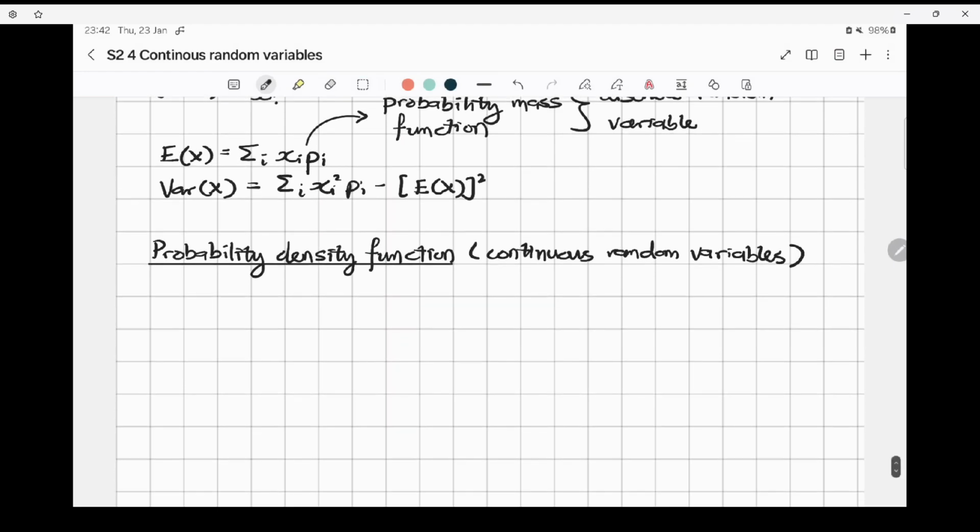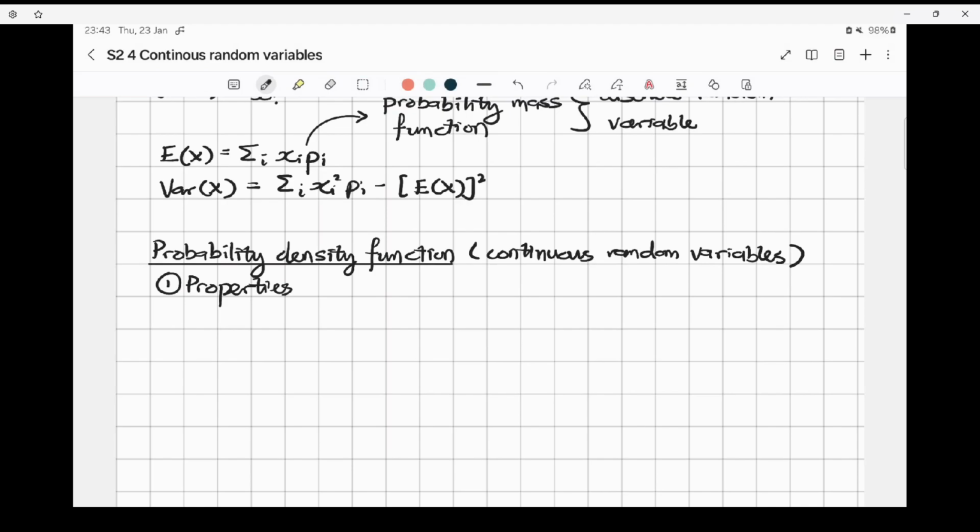So now let's begin with the idea of probability. What are the properties? The first thing, the properties. We know that probability cannot be negative.